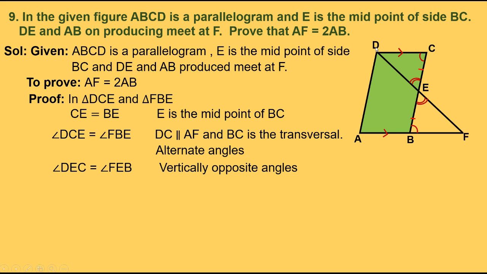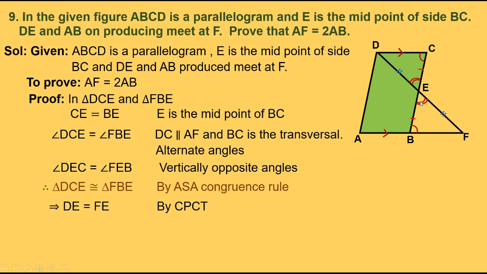Therefore, triangle DCE is congruent to triangle FBE by ASA congruence rule. This implies DE is equal to FE by CPCT. Therefore, E is the midpoint of DF.